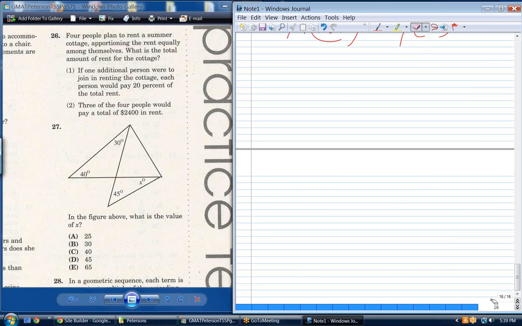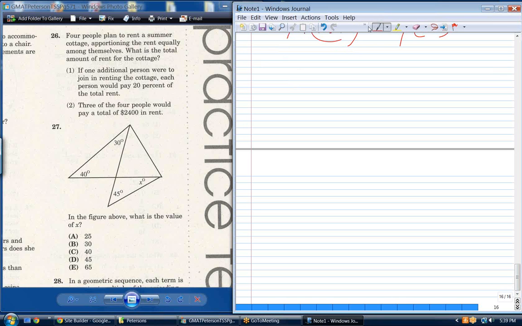Four people plan to rent a summer cottage, splitting the rent equally. What is the total amount of rent for the cottage? Well, you can look at number 2. That's pretty easy to answer. Okay. And the answer is no. Hold on.